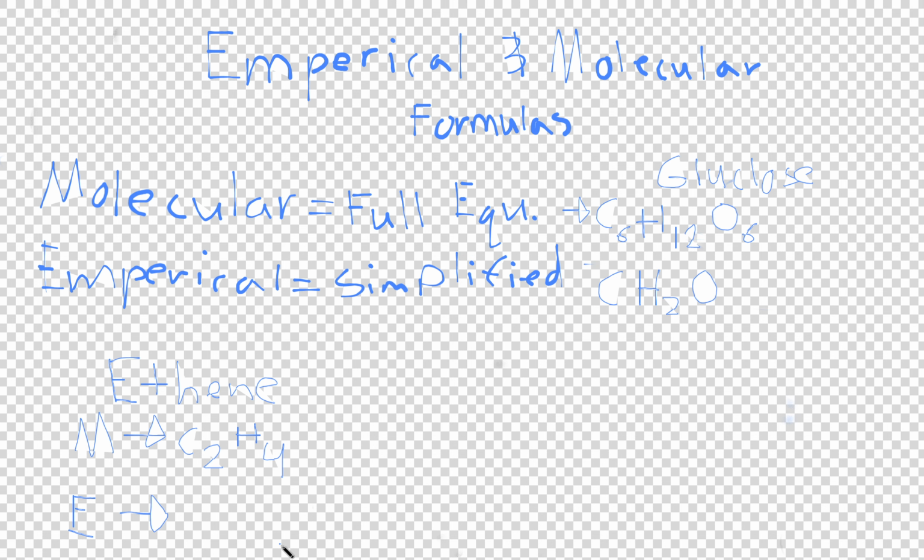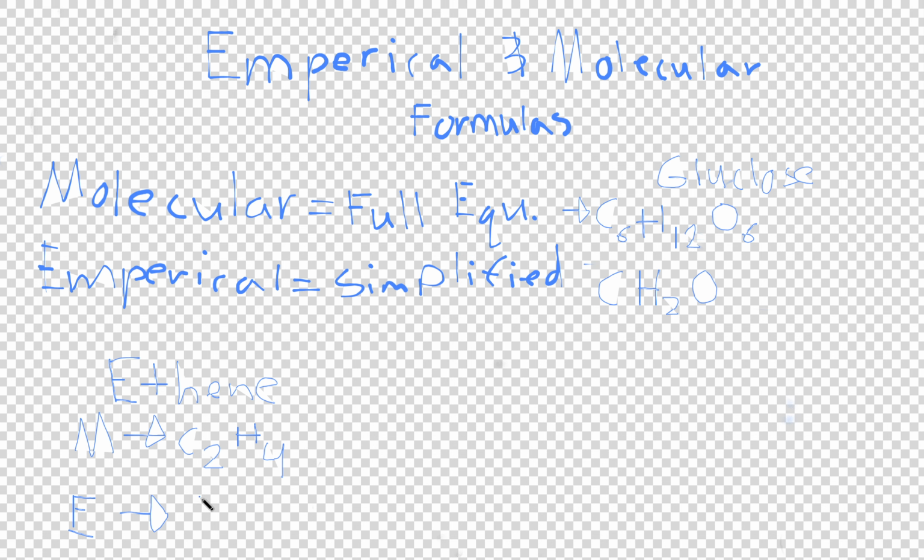So, assuming that you paused the video, or maybe you just want to see me work through it, you simply divide by 2, or find the greatest common factor, the GCF, of these 2 numbers, 2 carbons and 4 hydrogens. We can see that 2 is the greatest common factor between these 2.